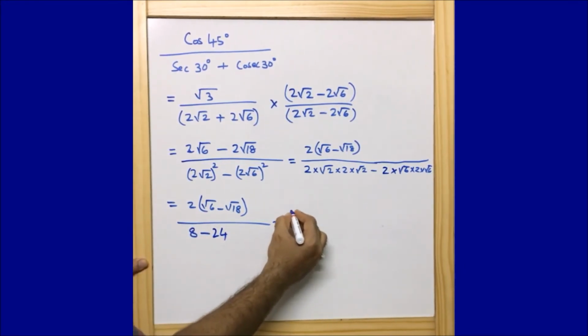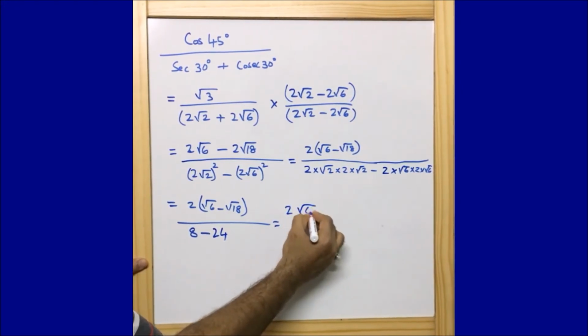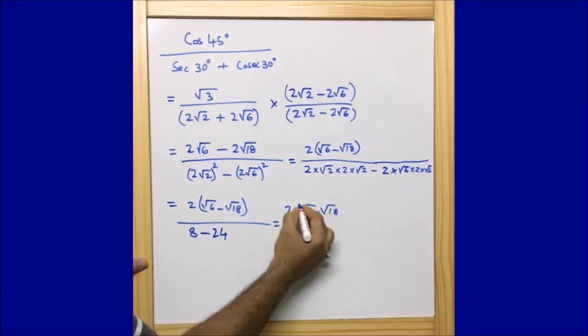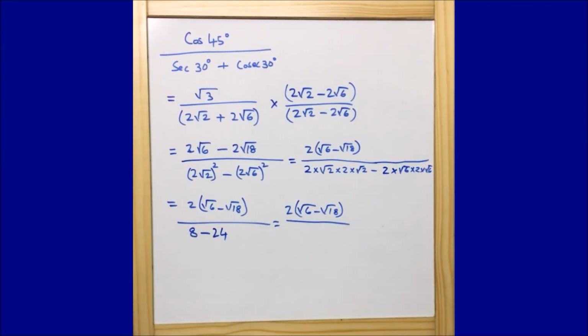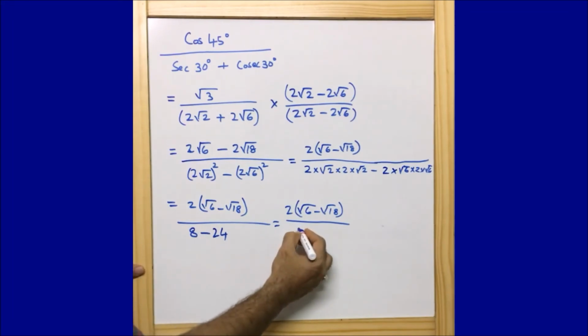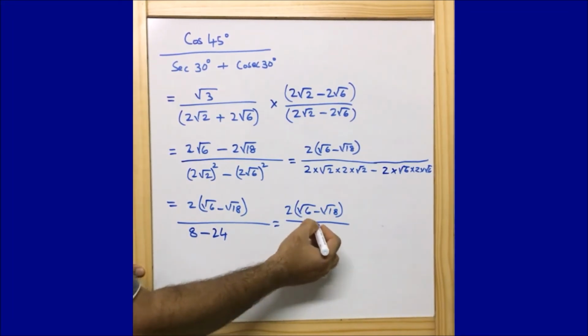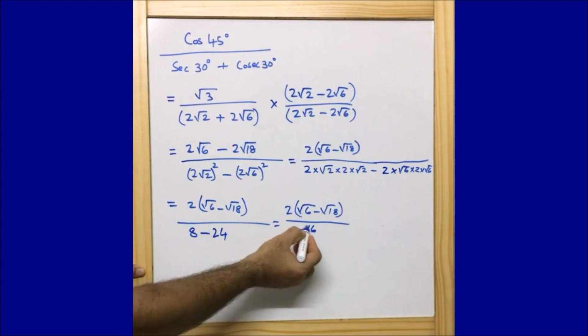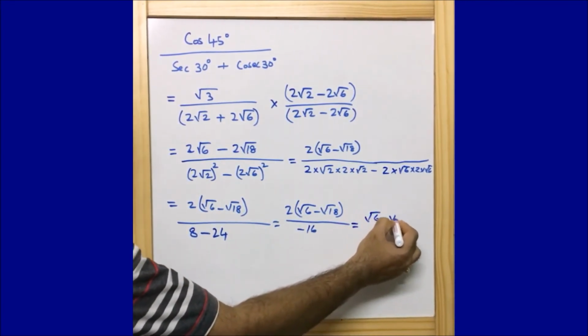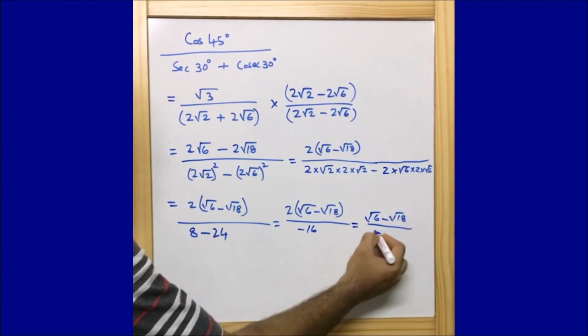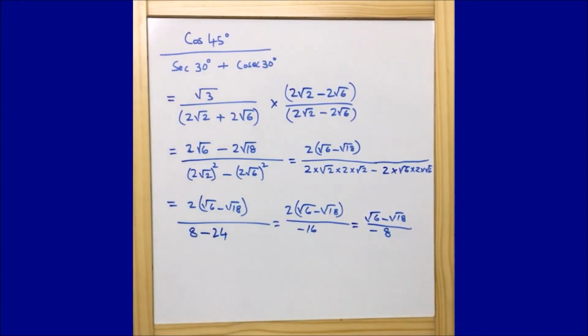So this one is nothing but 2 root 6 minus root 18 upon 8 minus 24. 8 minus 24 is minus 16. So 16 is 2 8s are 16. So I got root 6 minus root 18 by minus 8.